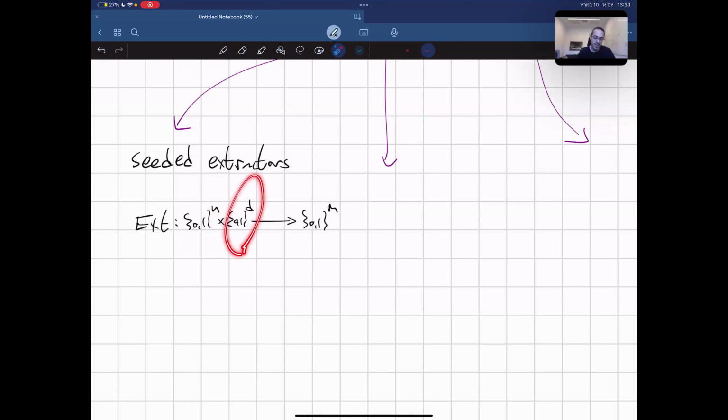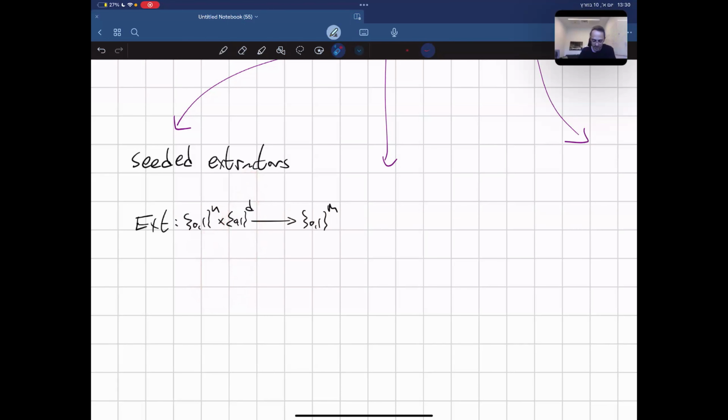And using these bits, you want to extract the randomness. Usually you think of d as much smaller than n, hopefully like log n. And it's not your intention to output these bits. It's your intention to use these bits in order to access the randomness in the source.